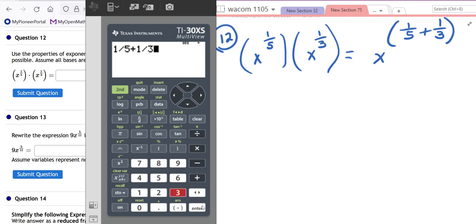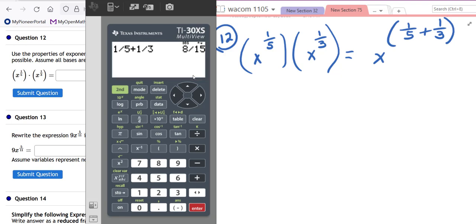We'll see if it gives us the right answer. All right, I think it did. Parentheses would have just made me feel a little safer that it had all of 1/5 together and all of 1/3 together, and that it was not going to add the 5 plus 1. So you want to make sure that the calculator is doing what you think.